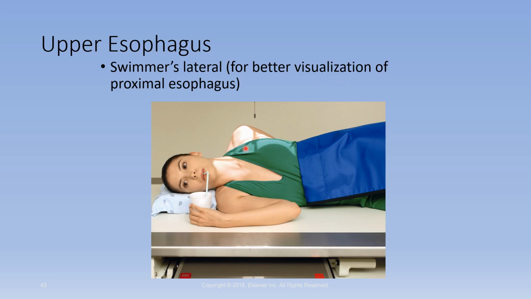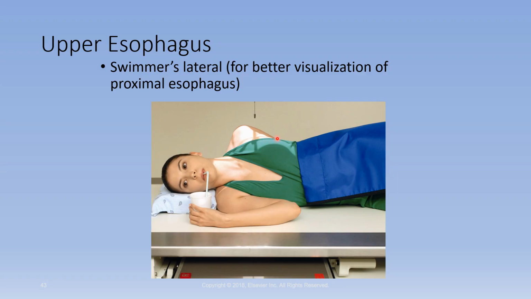When the issue is with the upper esophagus, in a regular lateral this shoulder would be right over the top of this one. But in this picture, you can see she's in a right lateral, so she's dropping her left shoulder back. Her arm is back behind her, but her body is staying straight up and down.